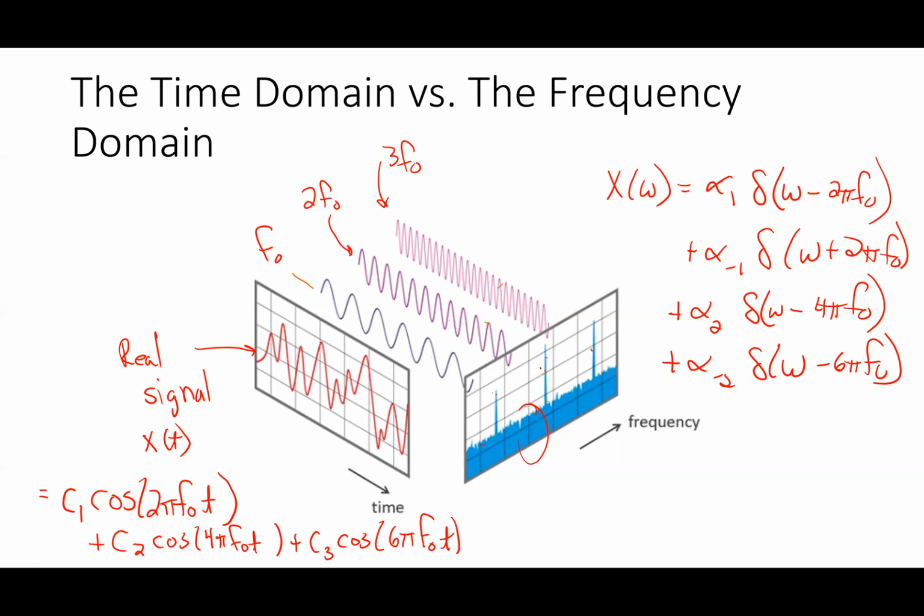But I don't need all that. If I wanted to reconstruct x of t, all I really need to know is the amplitude, the frequency, and the phase, right? If I can track that information, I can make my analysis a heck of a lot easier. That's the whole idea of having a frequency domain: it simplifies a lot of analysis for me.